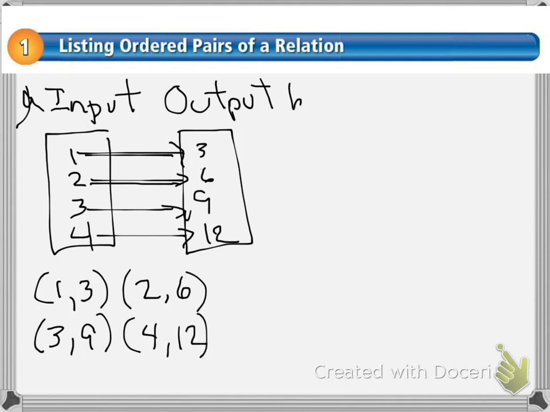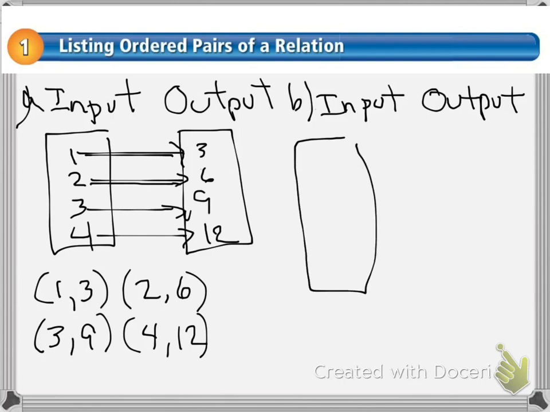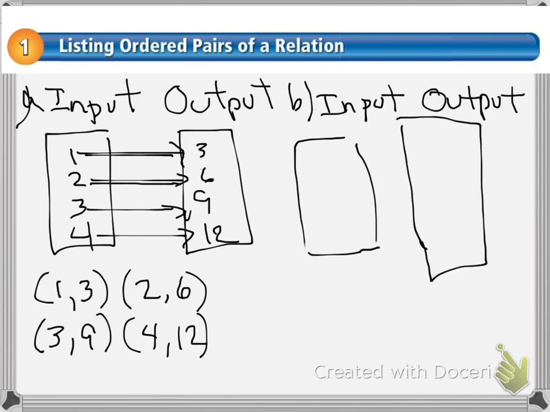Let's do B. Input and output. Whoops, that's a little bit big. There we go. And now for the input, hold on, I want this looking pretty.